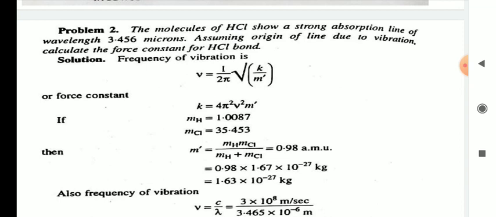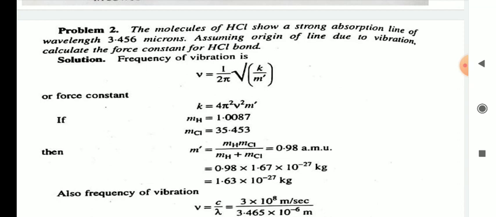Problem number 2: the molecules of HCl show a strong absorption line of wavelength 3.456 microns. Assuming the origin of the line is due to vibration, calculate the force constant of the HCl bond.